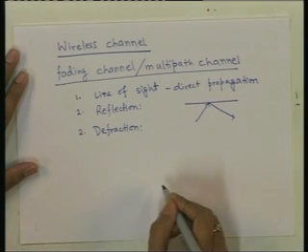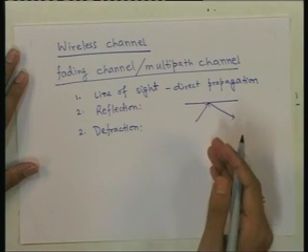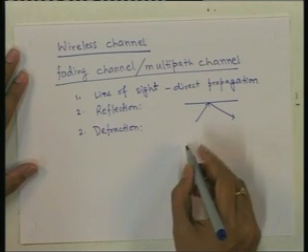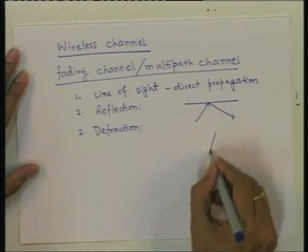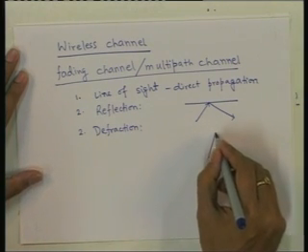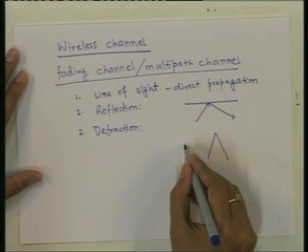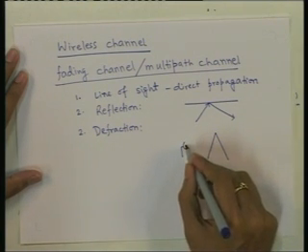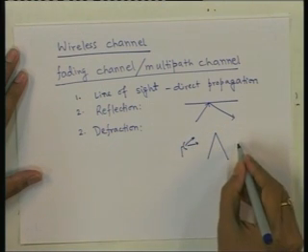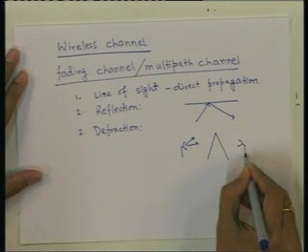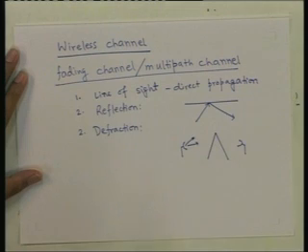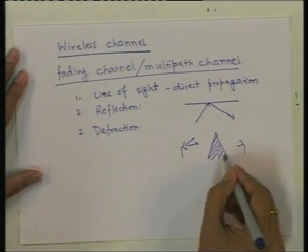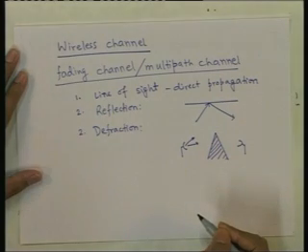What is diffraction? When we transmit some signal from an antenna, it is seen that even if there is some obstacle here, and we put one antenna here, then we will still be receiving some signal, though there is an in between obstruction.